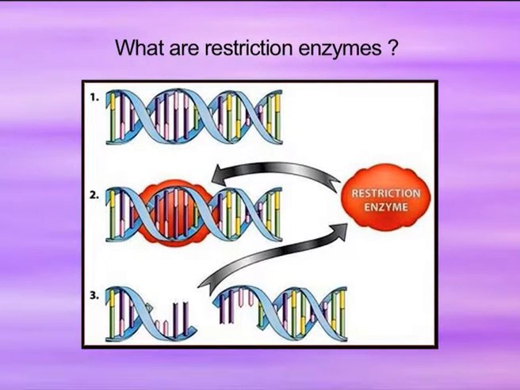These certain points are nothing but specific nucleotide sequences which are known as the restriction site or recognition sequence. So, an enzyme which cleaves the DNA at specific points is called a restriction enzyme. It is an endonuclease and thereby it can cleave the DNA at a particular point.